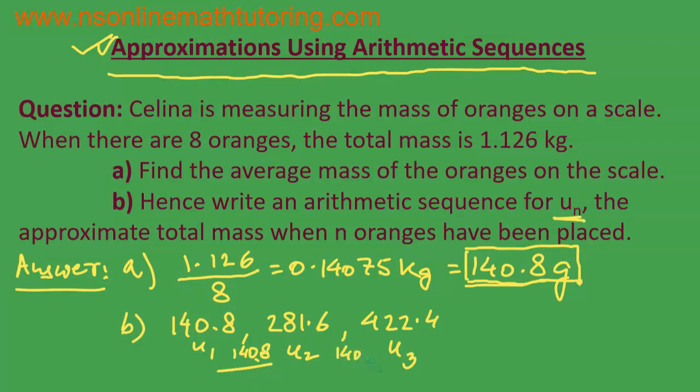Okay. 140.8, it is the common difference. Assuming that each orange is having the same mass and it is equal to 140.8 grams. So we are approximating the mass of the oranges. And they are asking us to find the value of UN, the approximate total mass when n oranges are placed on the scale. So obviously that will be n times 140.8 grams.